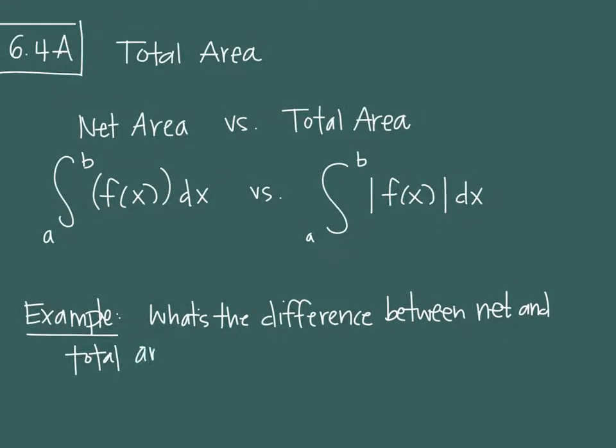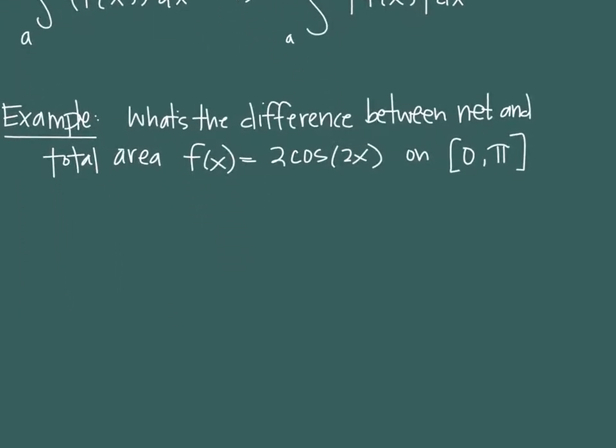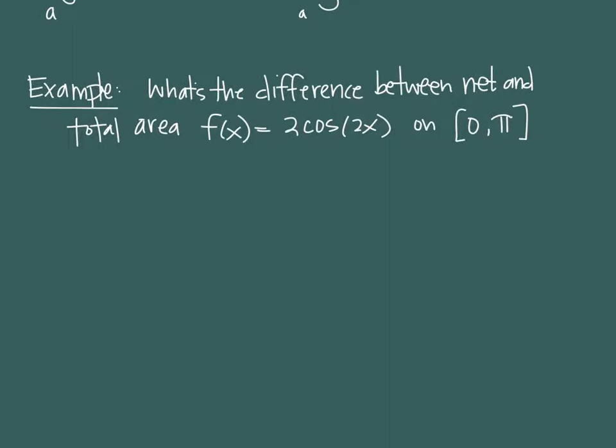All right, and let's look at the function 2 cos 2x, and let's look on the interval 0 to pi. For me, it always helps to have a visual representation.